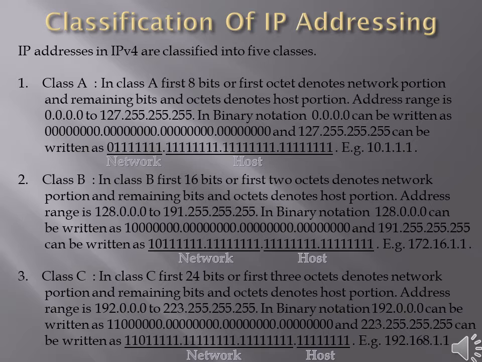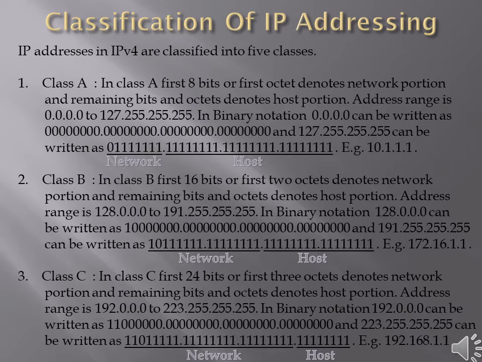Example for Class A is 10.1.1.1. I already discussed 10 is the network part and 1.1.1 is the host part. Class A contains the maximum number of IP addresses in the host part.